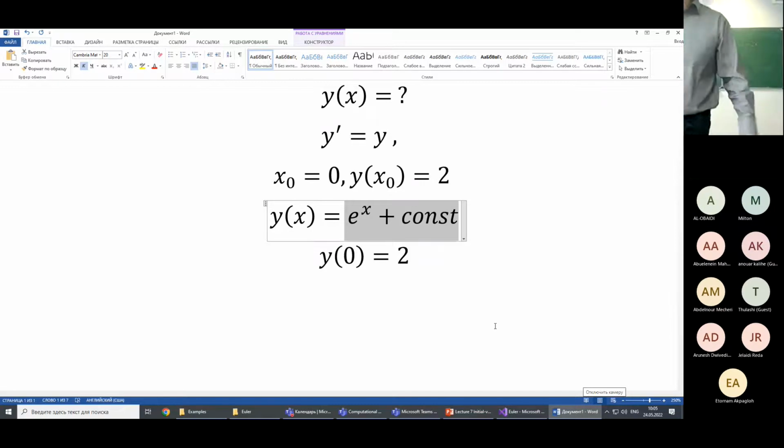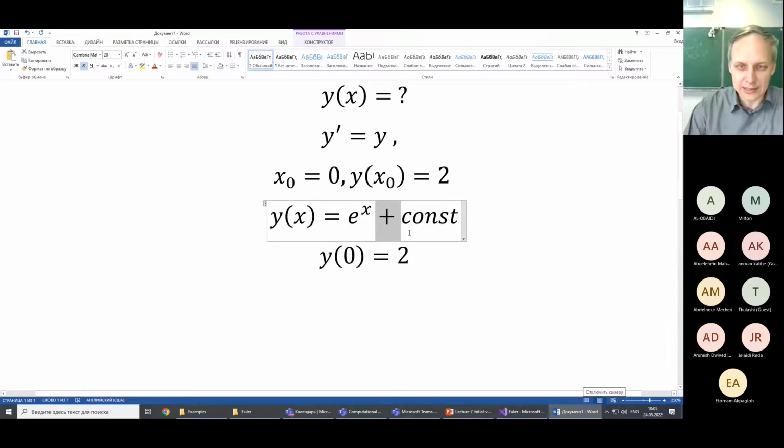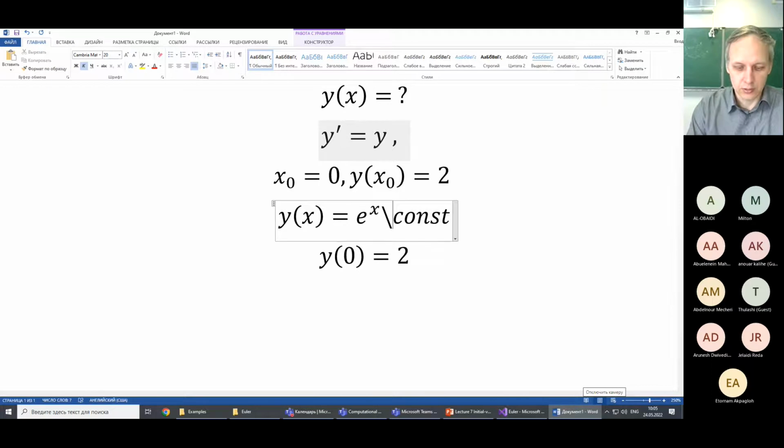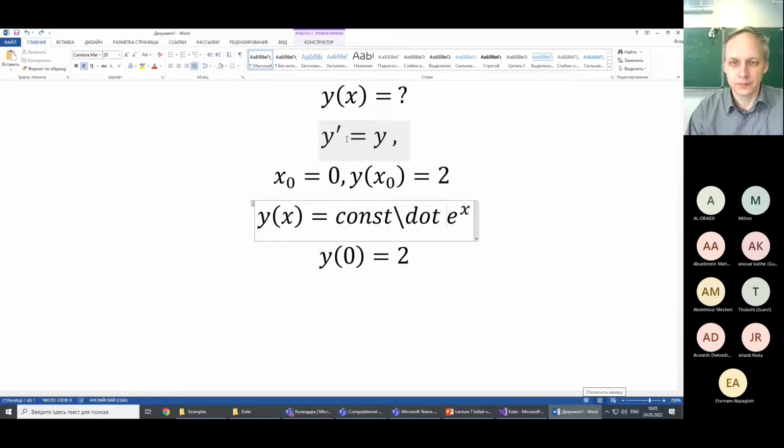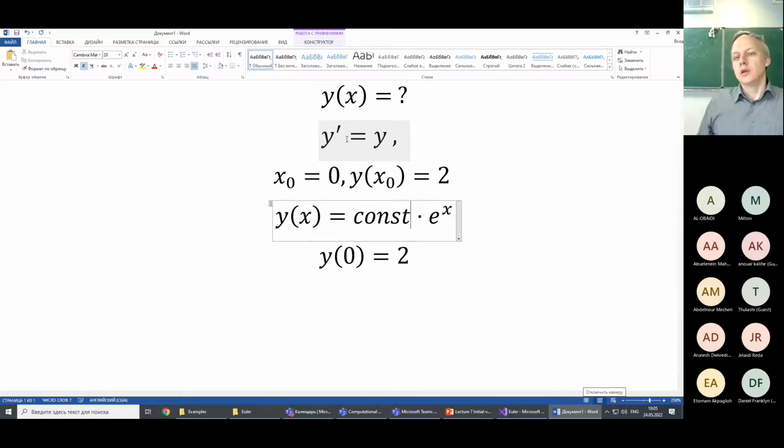In this type of equation, when the solution is an exponential function or sine, I can write not plus constant, but constant times e power x.